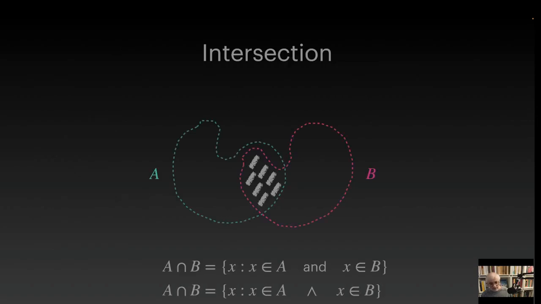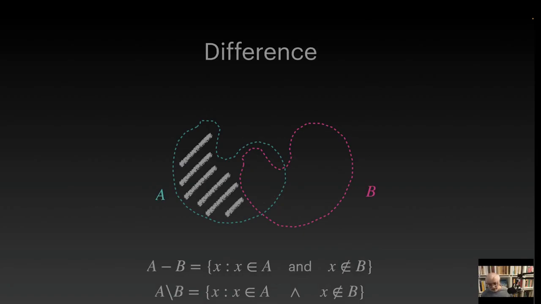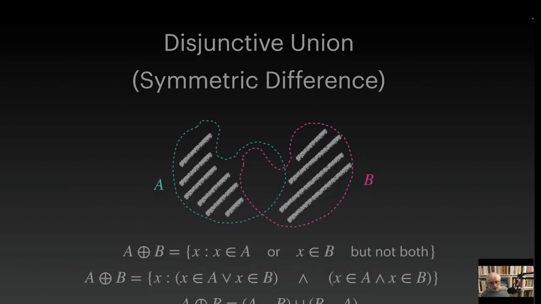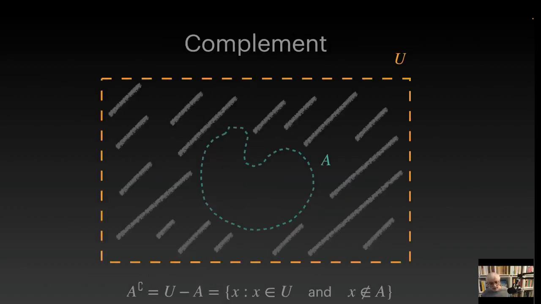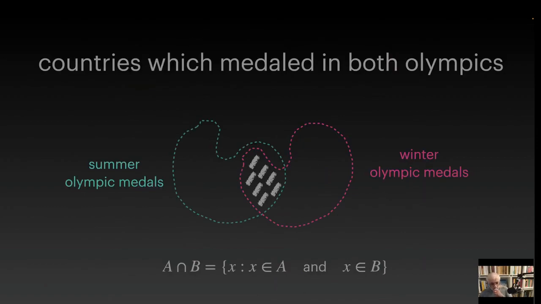There's complements, and these are just visual examples of set operations. Union, when combining the two sets. Difference. This is called symmetric difference or disjunctive union. A complement, subset, and so on.